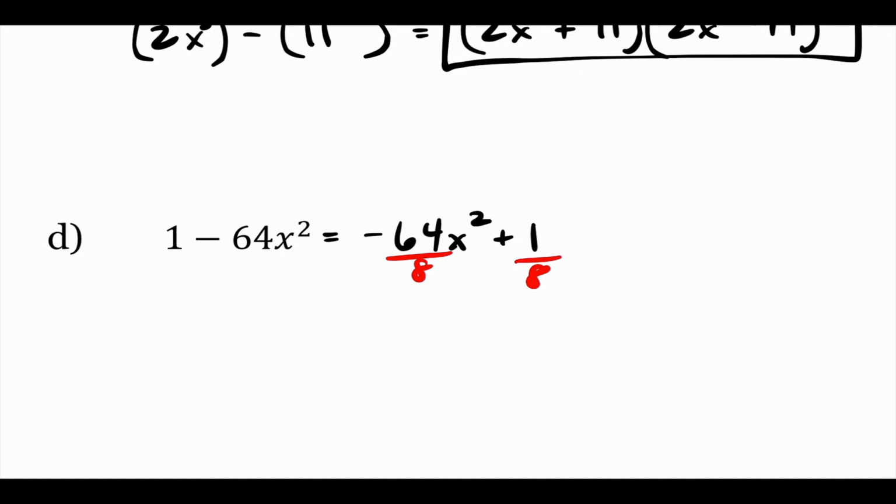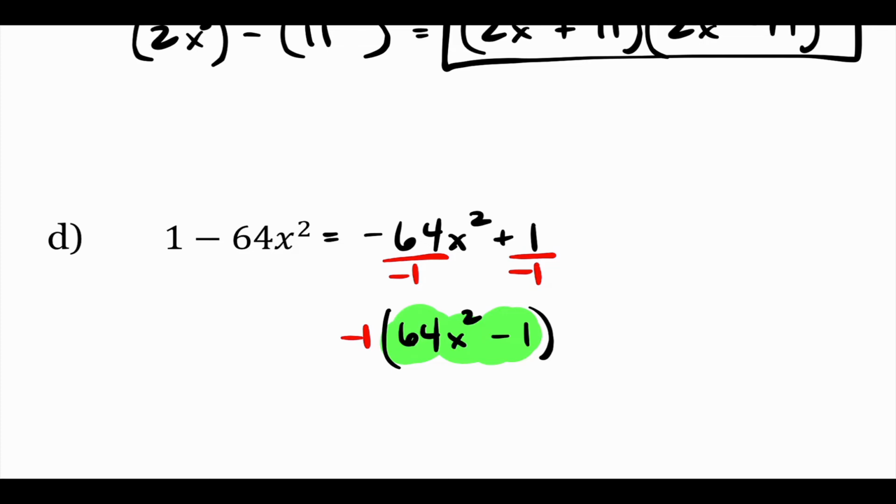And that becomes negative 8 or positive 8, and that 8's not on my list. So I want to keep 64 and 1 because they're on my list. I just want to change the signs. So when you want to change the signs, what do you want to divide by? Negative 1, yeah. So that makes positive 64 x squared minus 1.